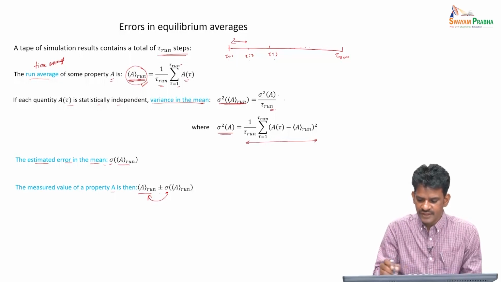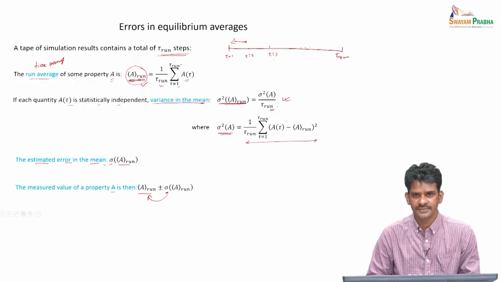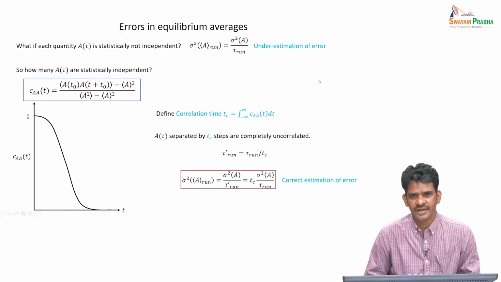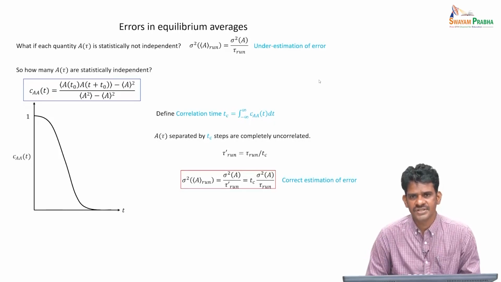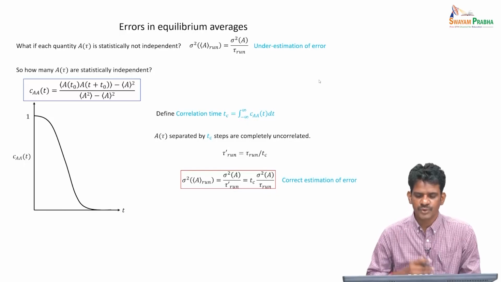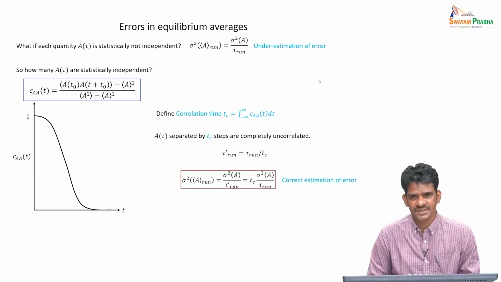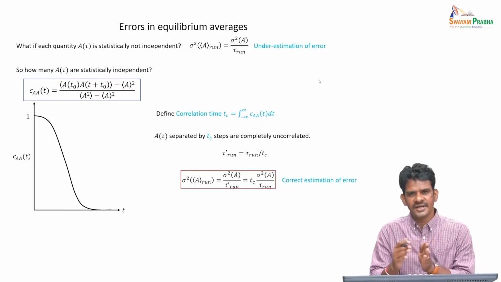Now the question is, how do we calculate this? We can use this formula provided that all these data points are statistically independent. But we do not know a priori whether the data sets stored at the frequency we chose in the MD simulation are statistically independent or not. Suppose there is some correlation and statistical dependence, meaning we have written the data too frequently.